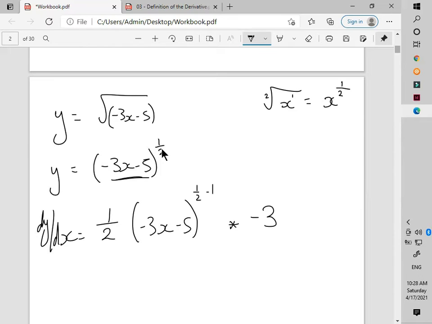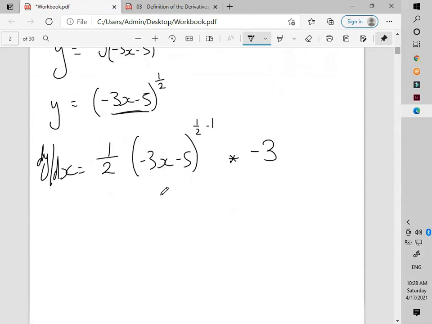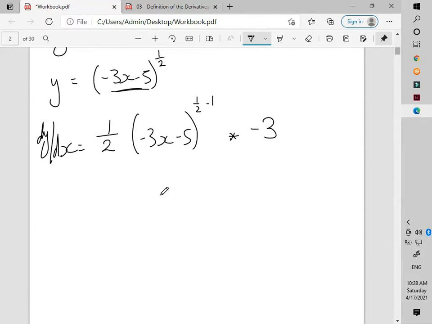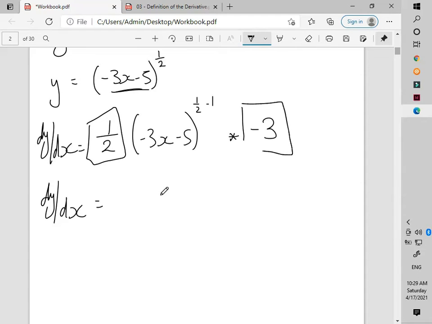So this is a two-step process: you do the derivative of the entire thing with the power, then you do the derivative of whatever is in the bracket. As you continue to work more calculus problems, those brackets are very, very important for you to pay attention to. Yeah, I'm teaching a class with my grade 9s now.